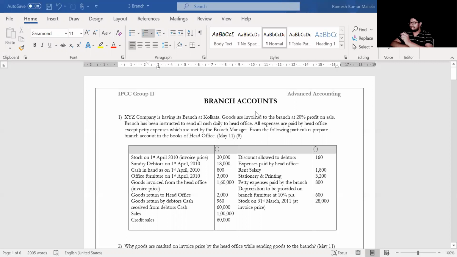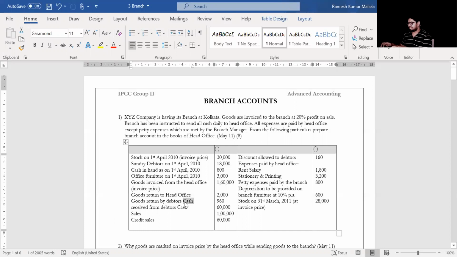There is some alignment issue there, please correct it. Cash sales is 1 lakh, credit sales is 60,000. So these are the items.